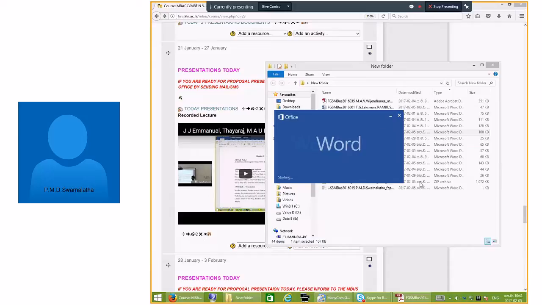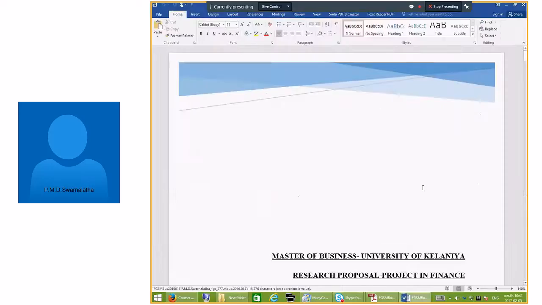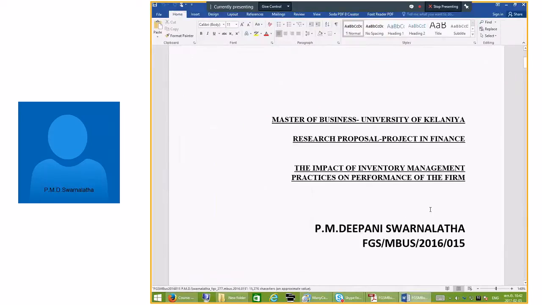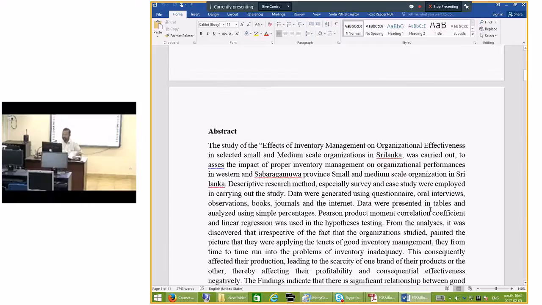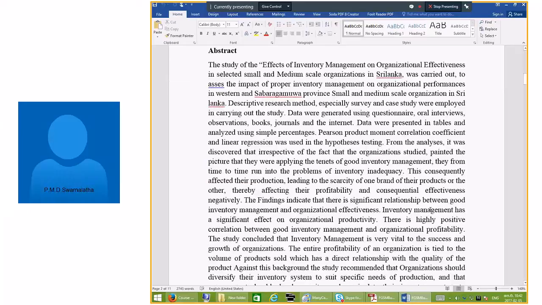My research proposal is the impact of inventory management practices on the performance of the firm. Okay, continue. Inventory management has a significant effect on organizational productivity.